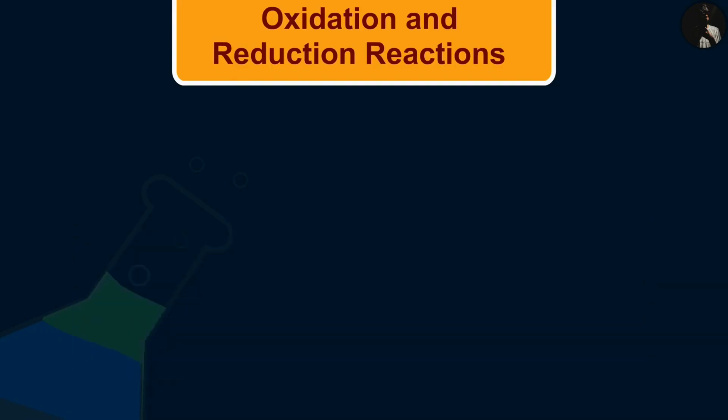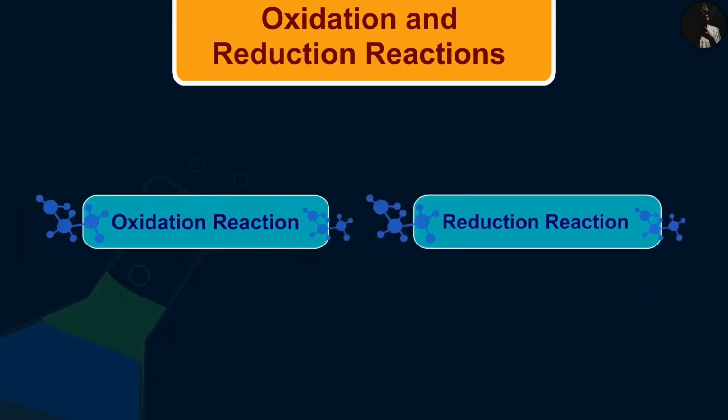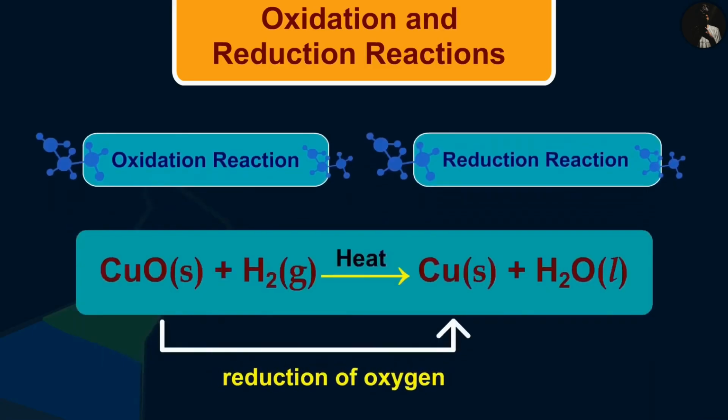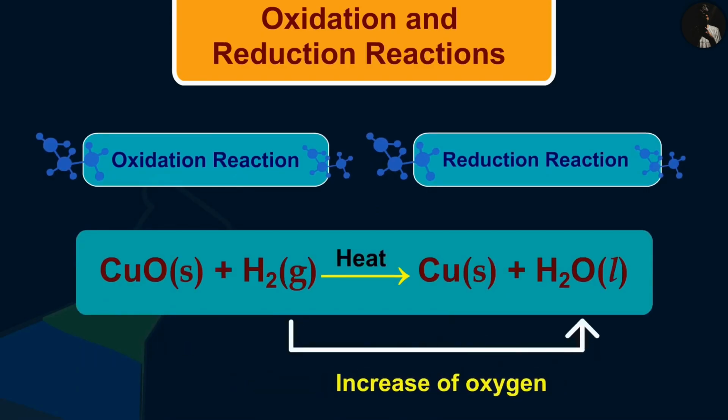Let us learn about reactions in which both oxidation and reduction are observed. As we saw in example 2, the removal of oxygen from copper oxide, that is, reduction, and the increase of oxygen in hydrogen, that is, oxidation, is happening.